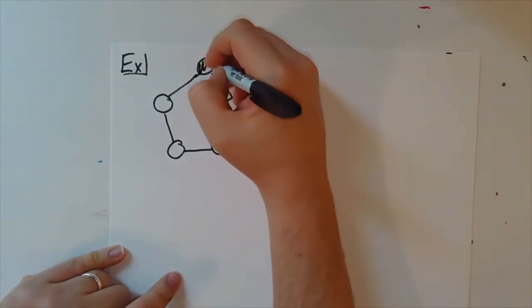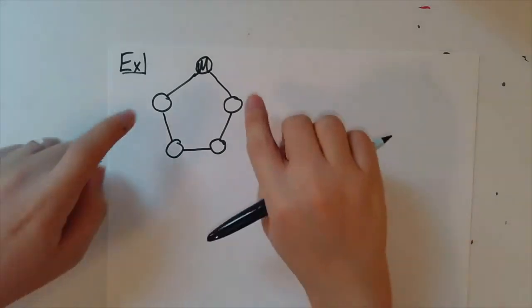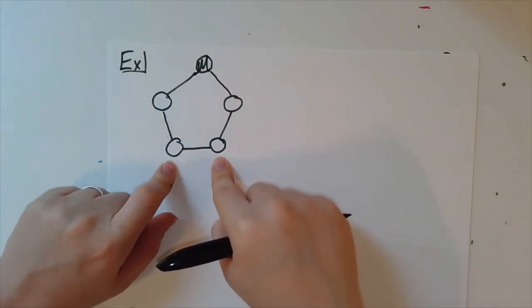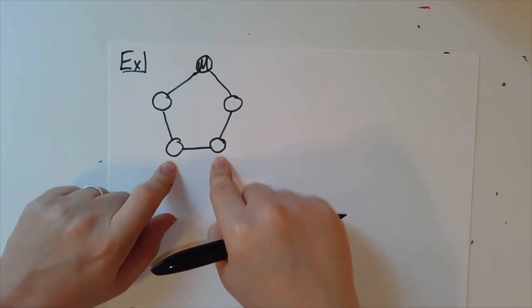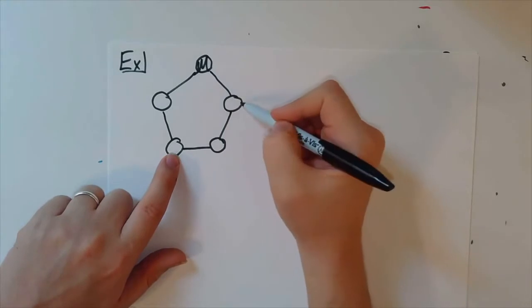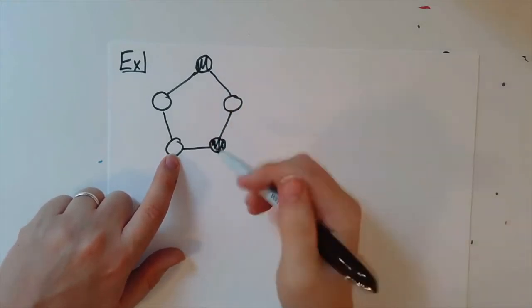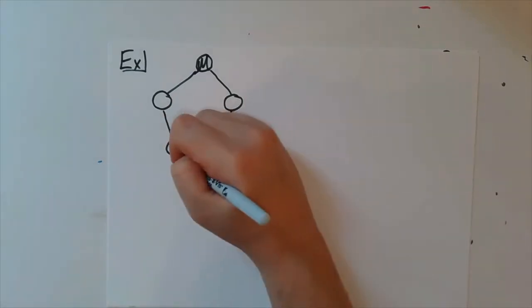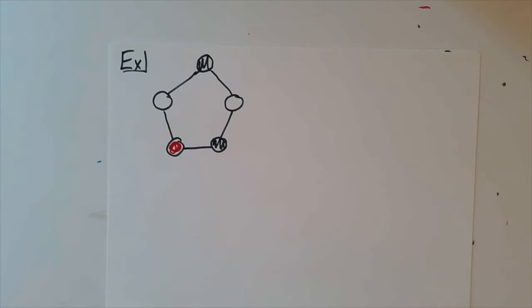So I'll color this one black, and then these two white, and then these two black. But whoops, I screwed up because I can't color both of these black. So I can color that one black, that one white, this one black. But then I can't do this without introducing a third color, say red there.